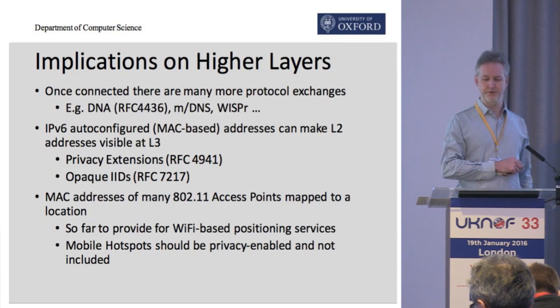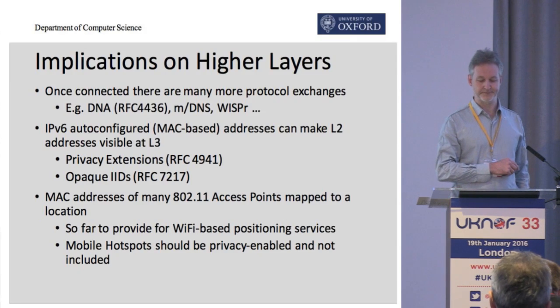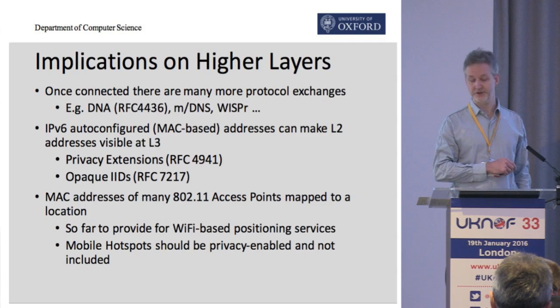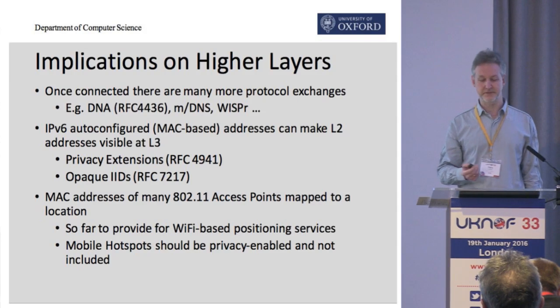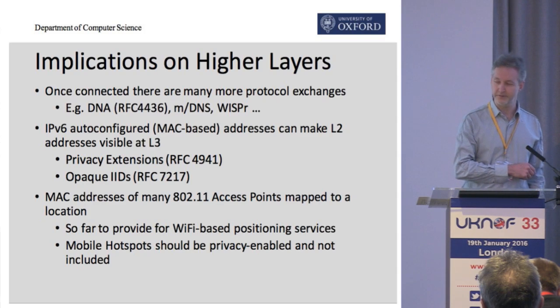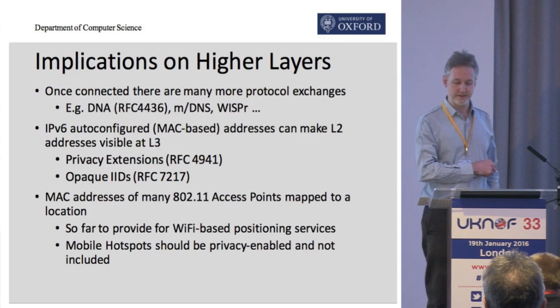With IPv6, you've got the auto-configured MAC addresses, which potentially allow layer 2 addresses to become viewable at layer 3. But this has been tackled a bit by the privacy extensions RFC, and then the opaque IDs one.